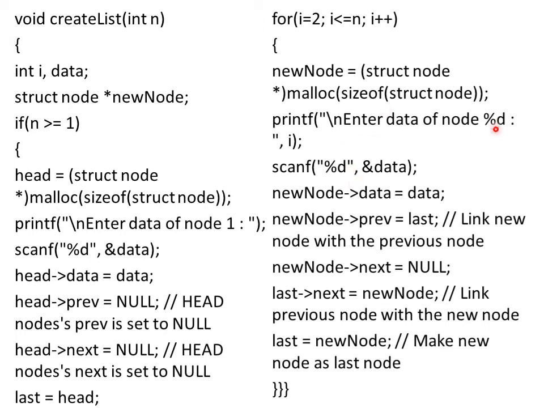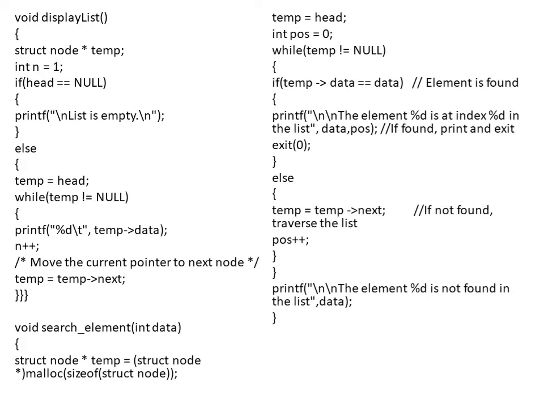After creating it, we enter the data. Once again new node data equals data, new node previous equals last, that is, link the new node with the previous node, and new node next equals null. That means last next equals new node. Here what happens is the previous node is linked with the new node, then last equals new node, making the new node the last node.